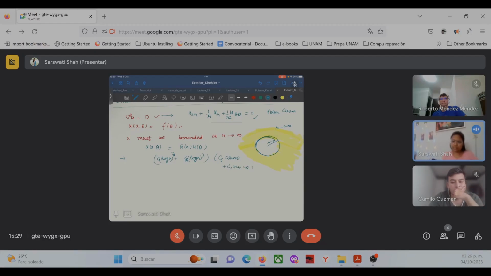Another solution was C1 logarithm of r plus C2, and then C3 cos n theta plus C4 sin n theta. Since we already calculated the solution of this system using separation of variables, I'm not going to explain that again. You already know the same thing.